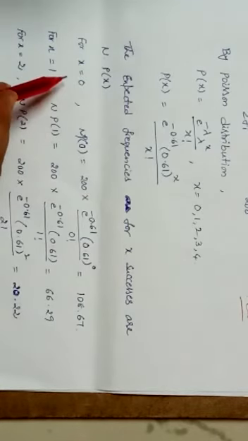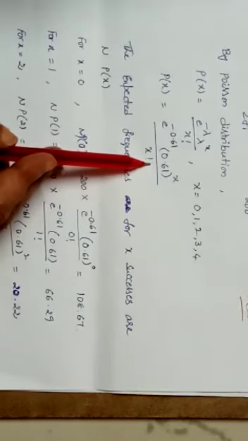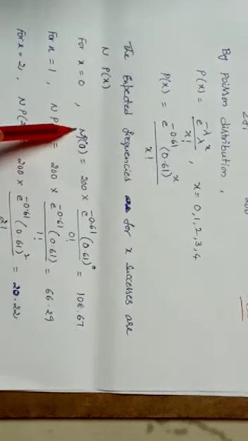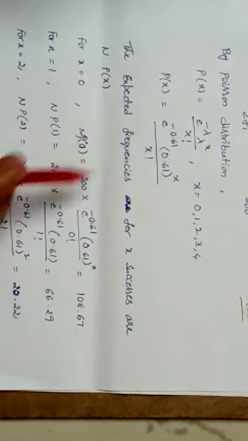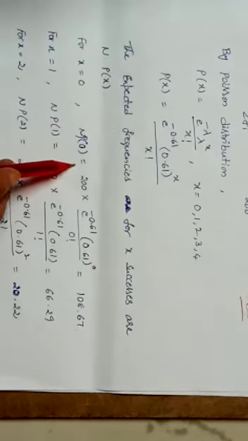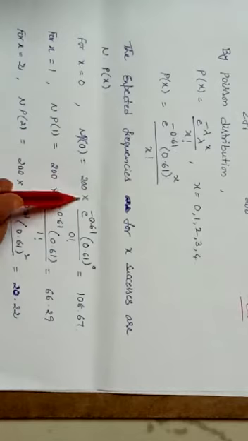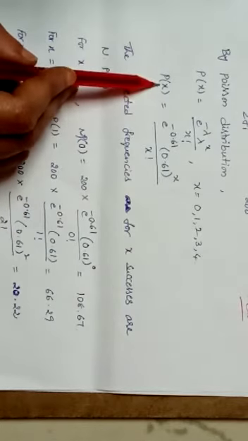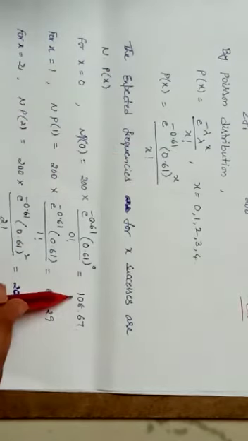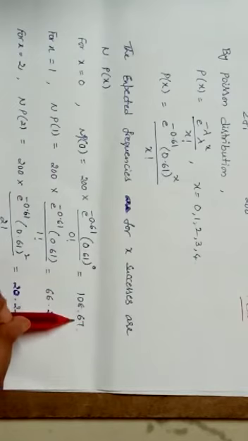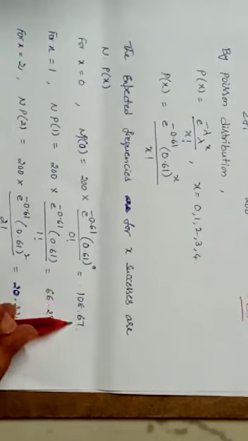For the first value, substituting x equal to 0 in this expression and multiplying with n, you get the first expected frequency. N into P of 0 is 200 into the value at x equal to 0, which is 108.67. But frequencies should not be in decimal, so we round this up to 109.